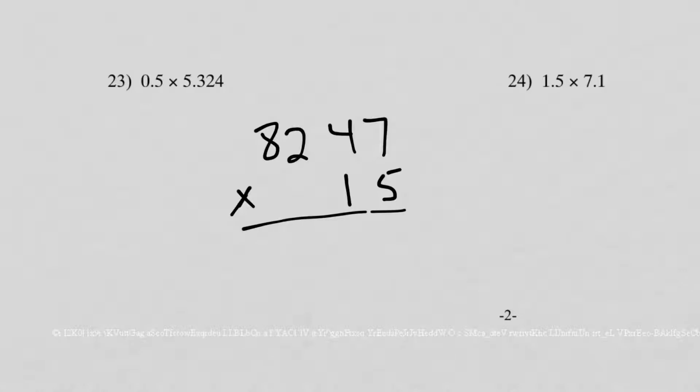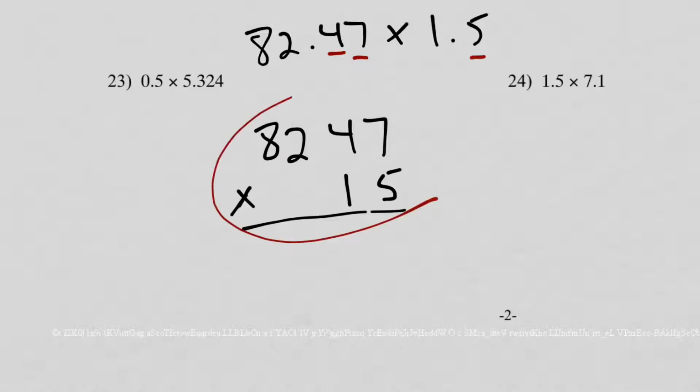So the two numbers we were multiplying were 82.47, multiplying that by 1.5. And what we look at is a total of 3 numbers behind the decimal place in the question. We set it up then like a normal multiplication, and we'll put those decimal places back in at the end. I think that makes your life a little bit easier.